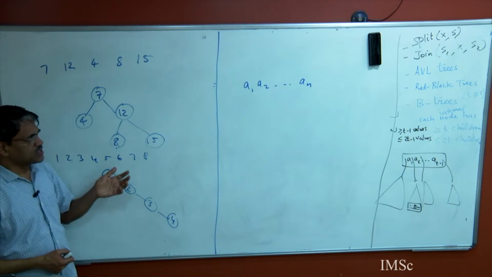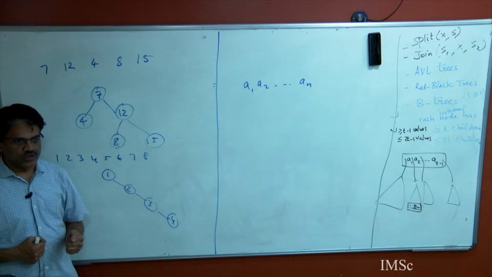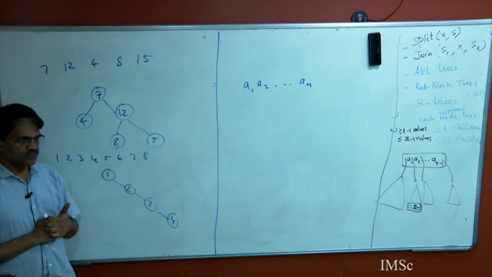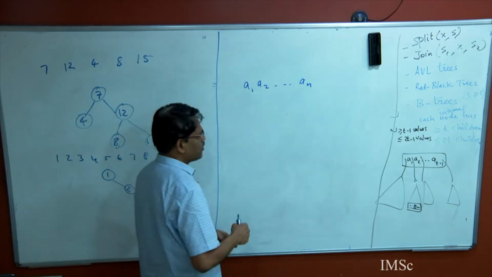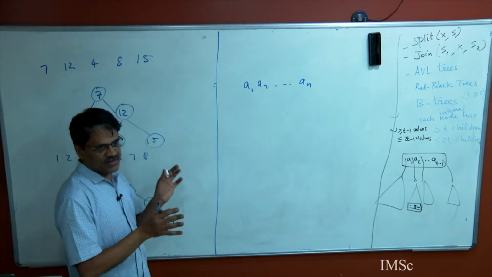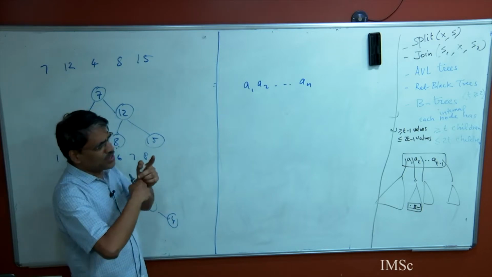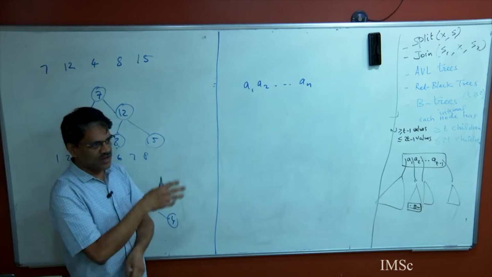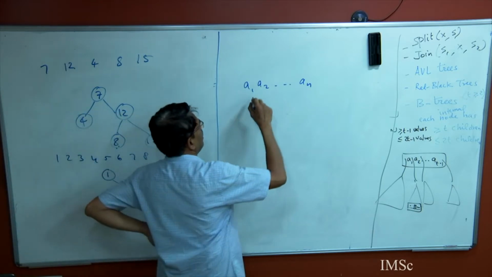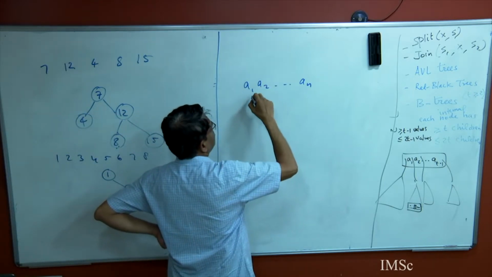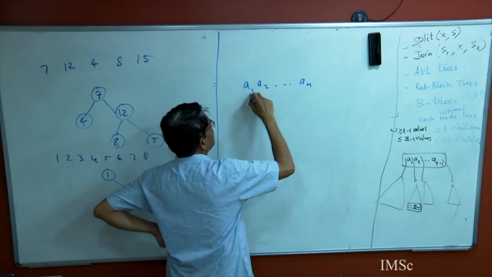How many insertions will compare with the root? Every insertion, right? So I'm going to count my comparisons in a different way. I'm trying to count the total number of comparisons, and then divide by n factorial. So every insertion will compare with a1.